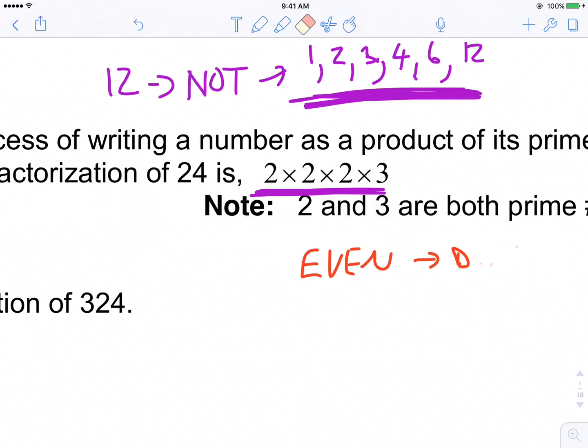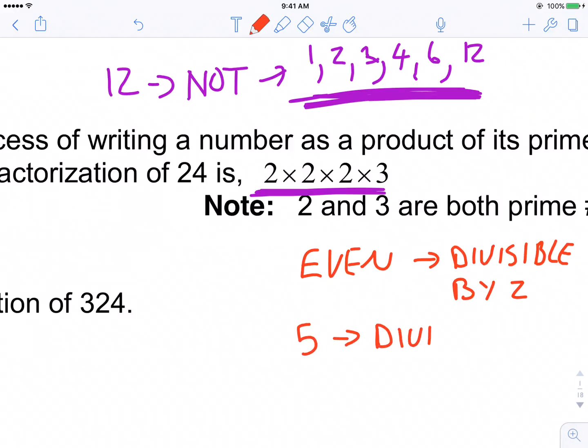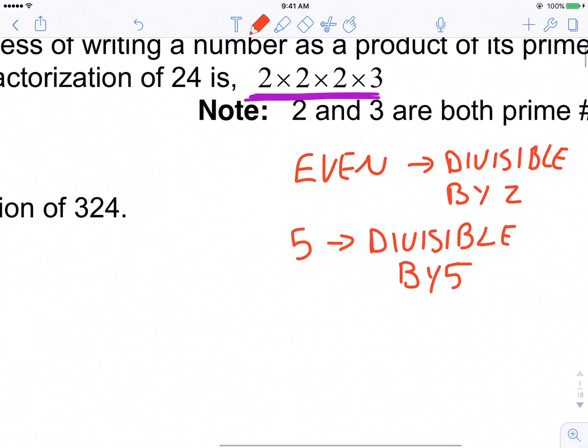Whoops, spelled that wrong. Divisible, D-I-V-I-S-I-B-L-E. Divisible by 2. Numbers that end in a 5, divisible by 5. Even sometimes numbers ending in a 0 would be divisible by 5.